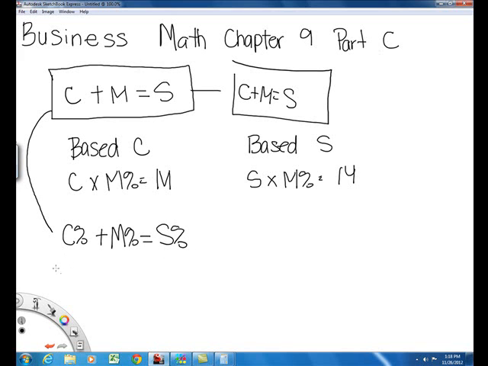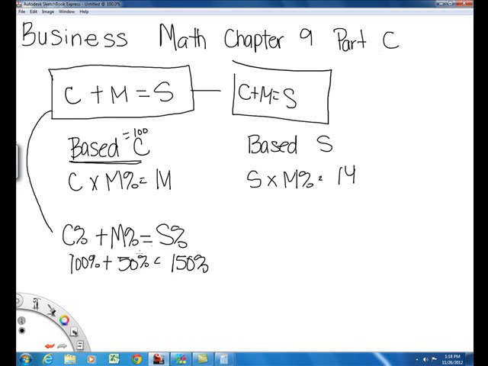In other words, if I'm based on cost, whatever your base is, that will be 100%. So when it's based on cost, it'll be 100% plus, let's say we have an increase of 50%, will equal 150% will be our selling price.